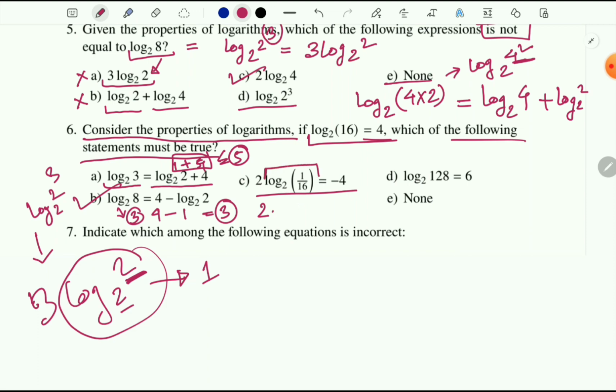I'm writing 1 by 16, let's say y equal to, no, base 2 power y has to be 1 by 16. What value of y gives us 1 by 16?